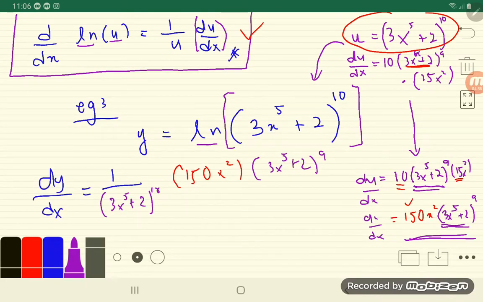If you try to simplify this one, the common values are gone, and this one you are going to get it into 1. Then we are going to have the final answer, that is 150x to the power of 4 divided by 3x to the power of 5 plus 2. This is one of the approaches that we can use there.